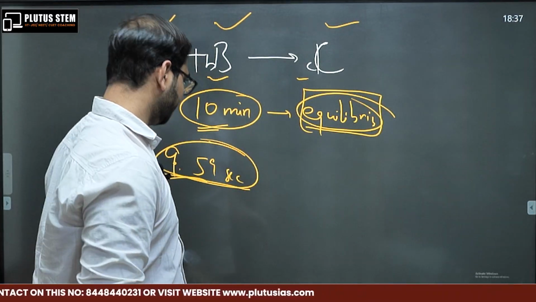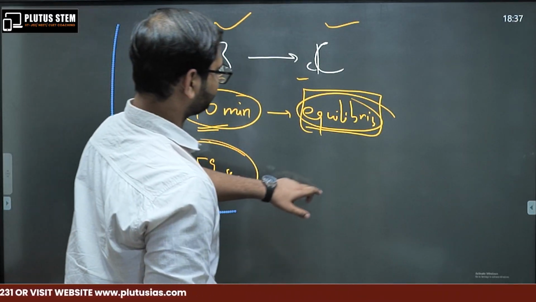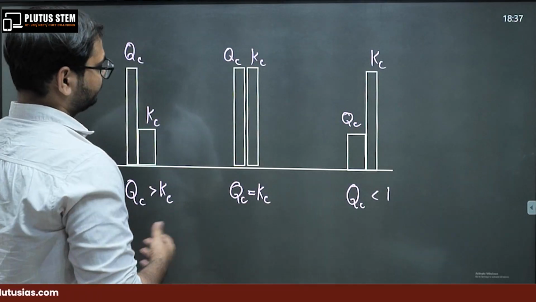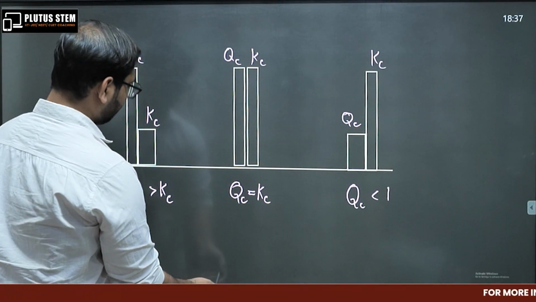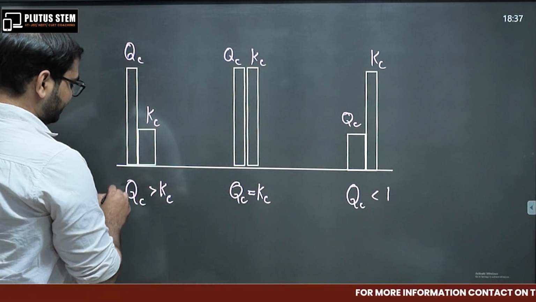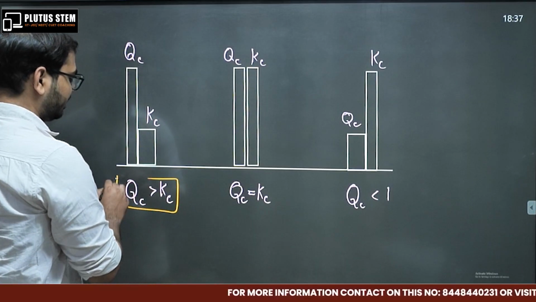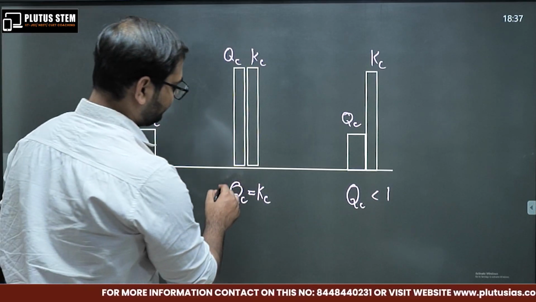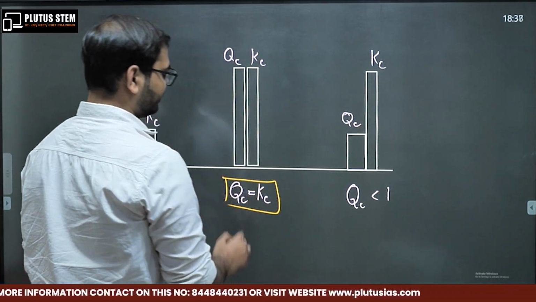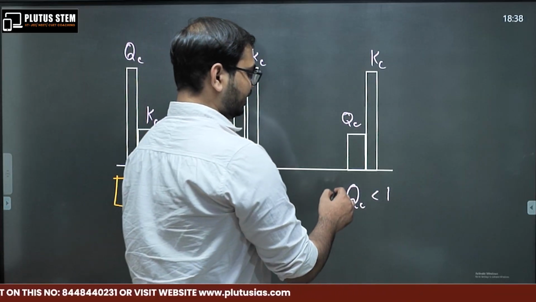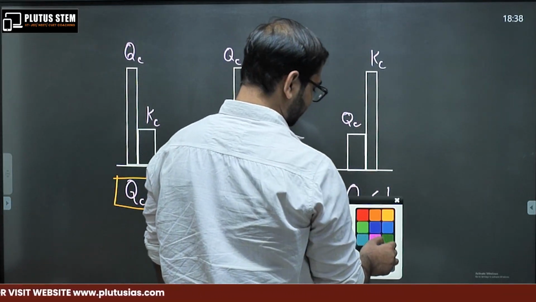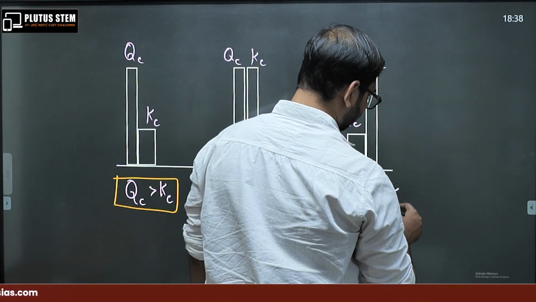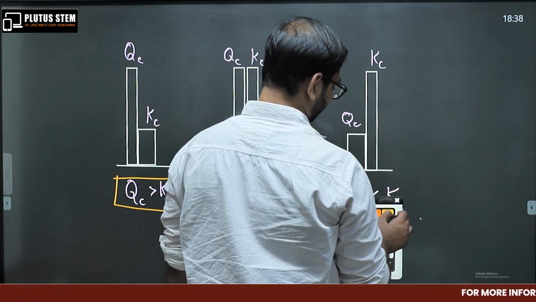Now let's try to learn the difference between these two. Assume this graph here. In the very first case, I'm representing Qc having a higher value than Kc, while the second case represents where Qc equals Kc, and the third case represents where Kc is greater than Qc.